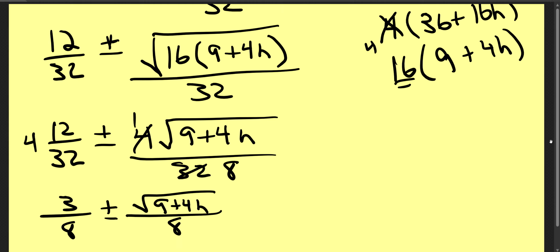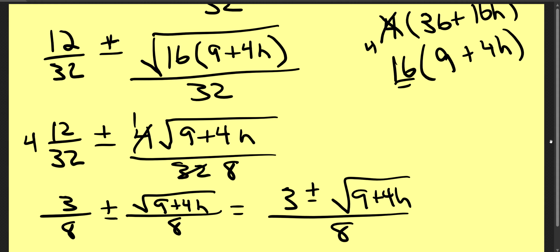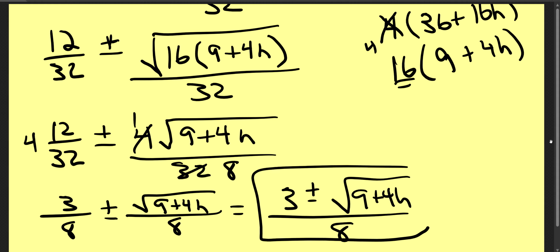That looks satisfactory. So one way of answering that is 3 plus or minus the square root of 9 plus 4h, all over 8. This would be a more tidied up answer for that one.